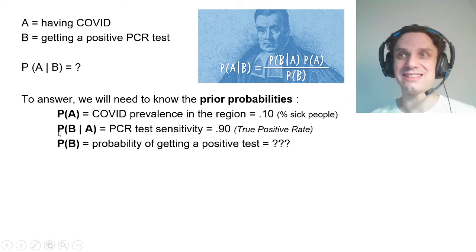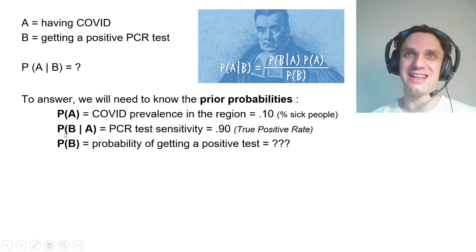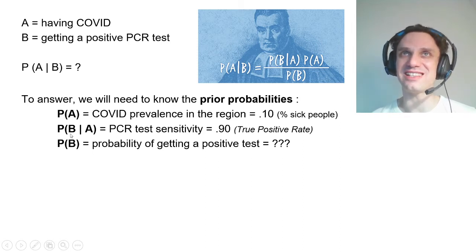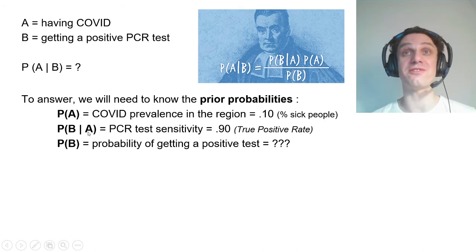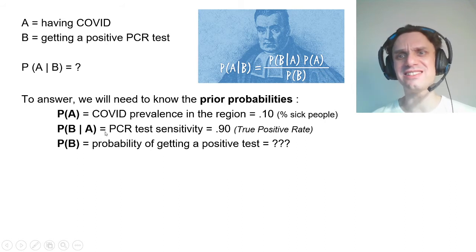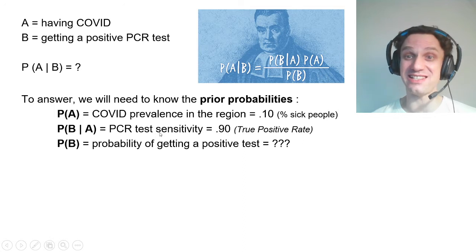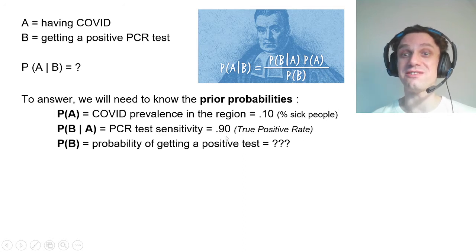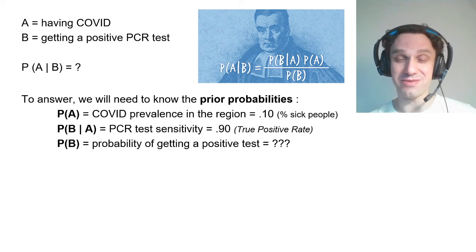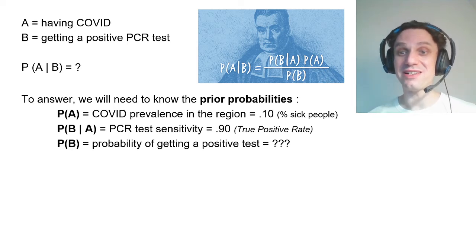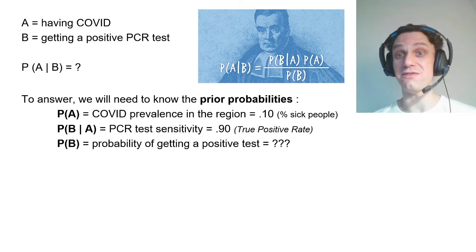The second part of this equation, the probability of getting a positive test result in case you have COVID. And this is very easy. This is basically test sensitivity, or true positive rate, for every test when it's validated. Test developers always present this figure.